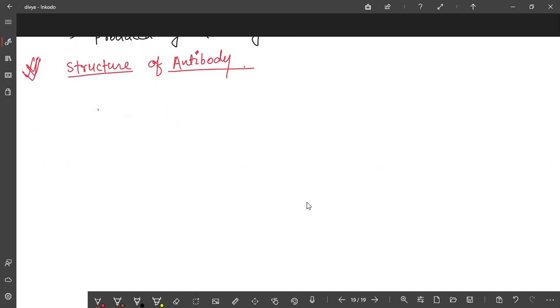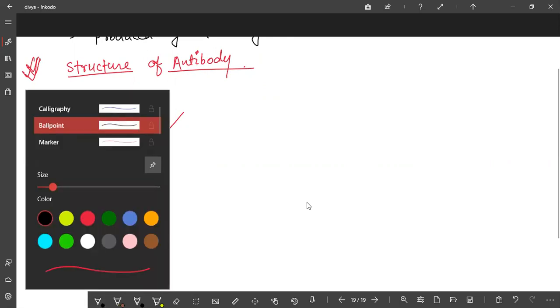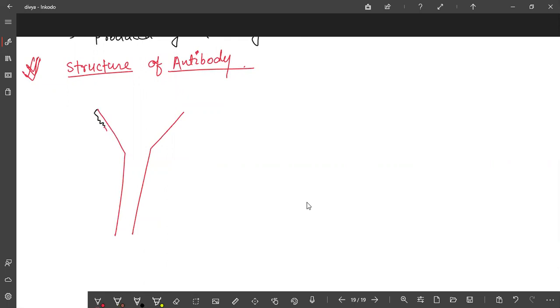Okay. So this is visible to you, Y-shaped structure.